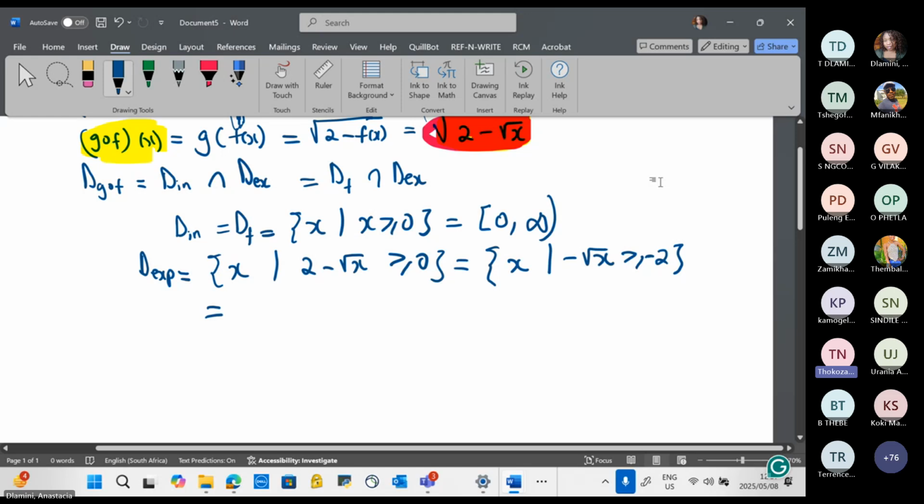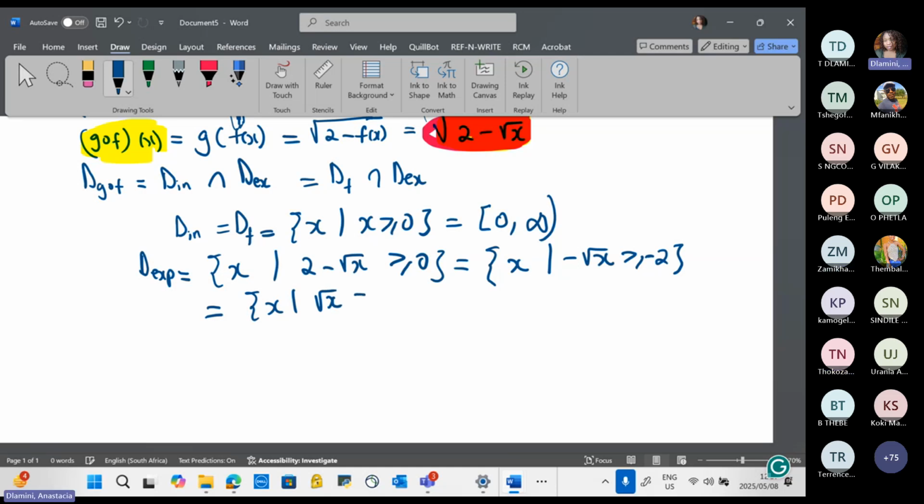Then we cannot leave the square root as a negative, meaning you're going to divide by negative 1 on the left, and the same to the right. Then what happens? The sign changes. This is an inequality. Then what? You square both sides. Guys, you see, it's not like you are doing something you don't know.